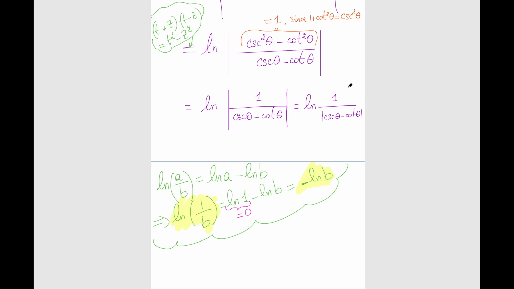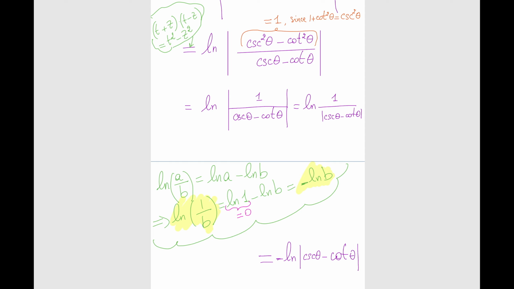So this whole thing is going to be what? Minus ln of the absolute value of cosecant theta minus cotangent of theta, right? So this equality on this previous page is minus ln of b, and b happens to be cosecant of theta minus cotangent of theta. Let me just drag it to the side a little more.